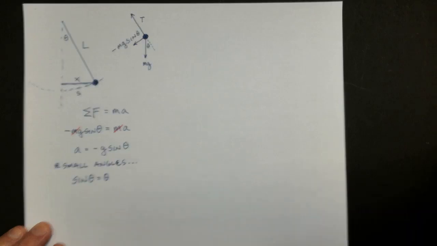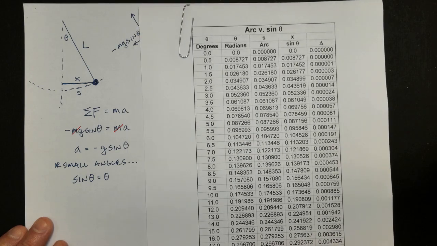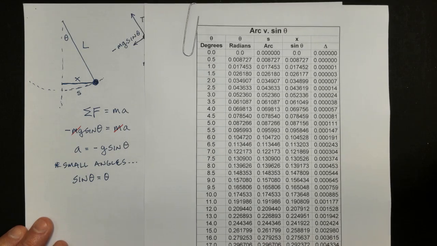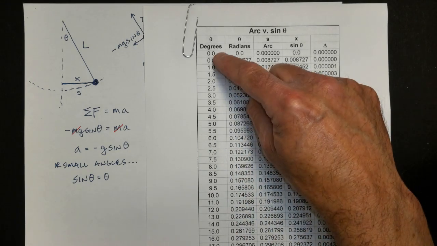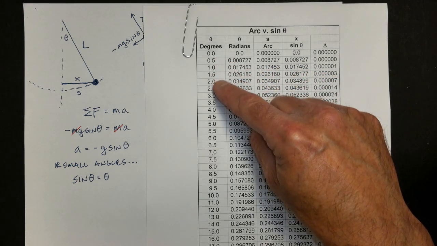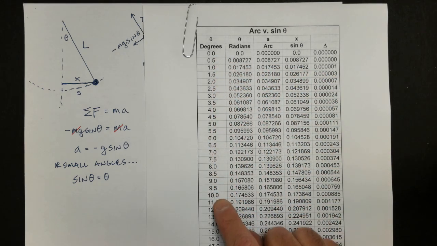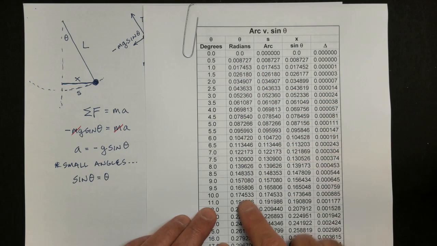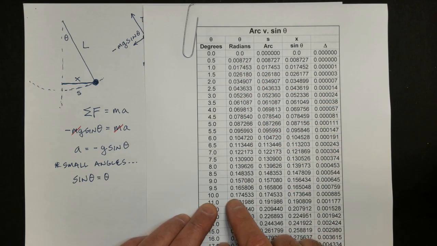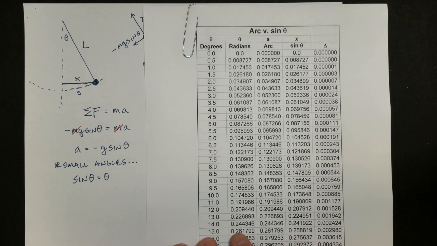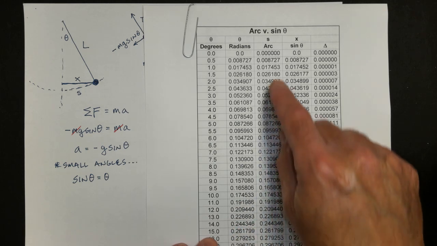So what I've done here is I've simply created a table of different angles. So I go from degrees 0 by 0.5s up to 10, and I've changed those degrees to radians. You can see that when we have 15 degrees, that's about pi over 12, and you can figure that out.